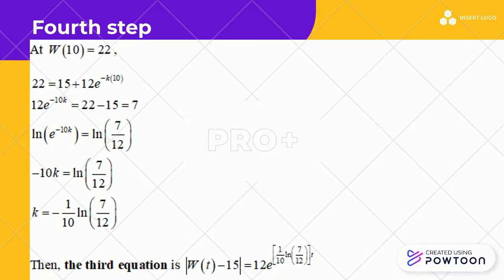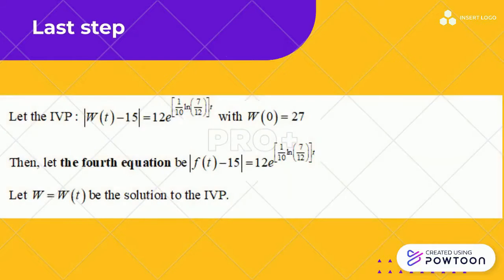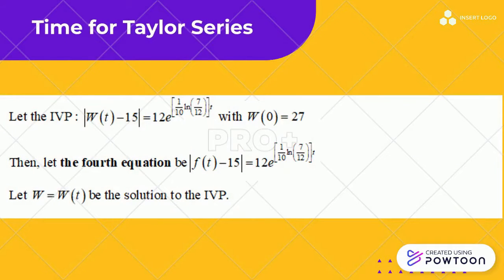We now obtain K as follows. Then, we can obtain the full equation to be used as our initial value problem in Taylor series. Let the IVP be written as here. Then we let W equal W(T) to be the solution to the IVP.